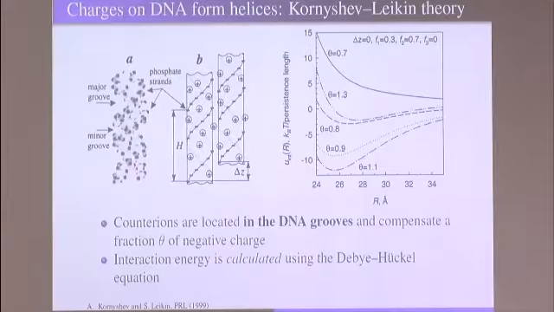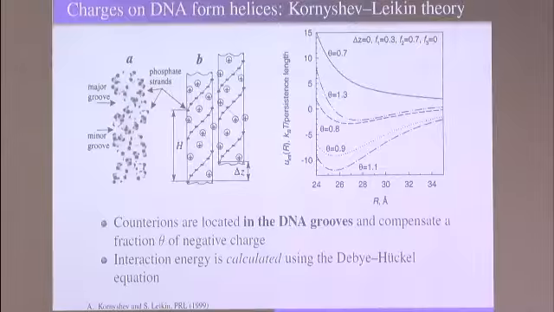And the parameter theta actually discriminates between repulsive interaction curves and attractive interaction curves. So when theta exceeds a certain threshold, attraction between DNA molecules can occur.